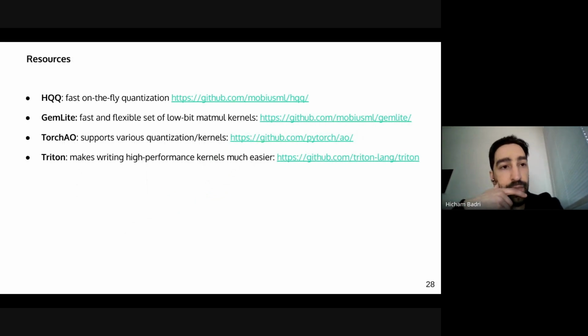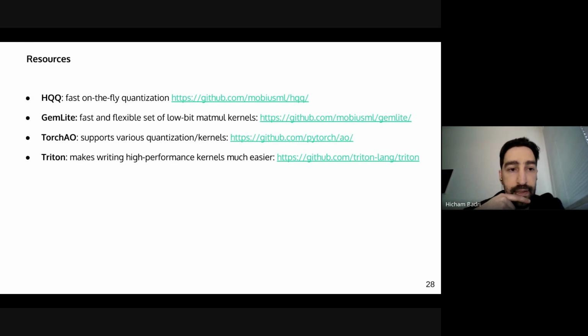Yeah, so here I put some resources if you want to play with this. I put HQQ, which is fast on-the-fly quantization. If you don't want to wait hours to quantize a model, you can do it in a few seconds. There's Gemlite, which is a library implementing all these kernels, all types of 8-bit quantization, 4-bit, 2-bit, all the combinations.